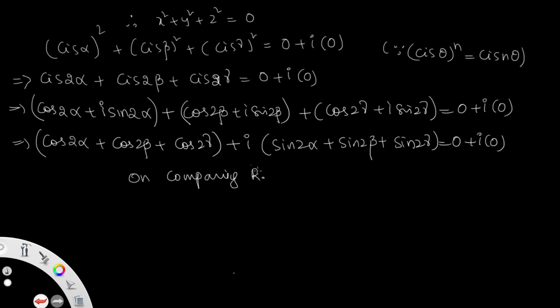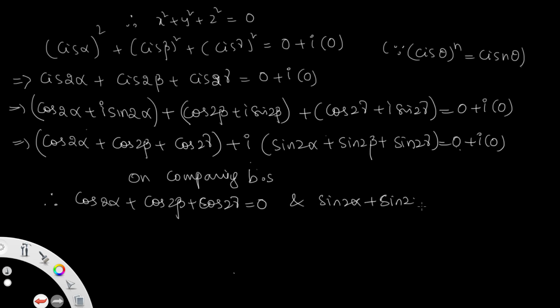Comparing both sides, real part to real part, therefore cos 2 alpha plus cos 2 beta plus cos 2 gamma equals 0, and imaginary part to imaginary part, sine 2 alpha plus sine 2 beta plus sine 2 gamma equals 0.